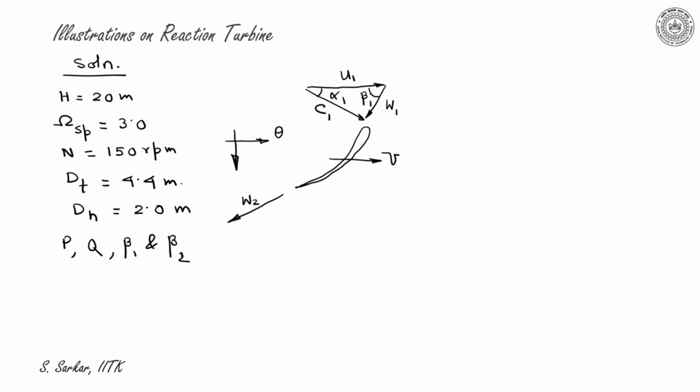So I have drawn the velocity triangle for a Kaplan turbine blade both at inlet and exit. And here U1 must be equal to U2, say U, that is equal to the blade speed.